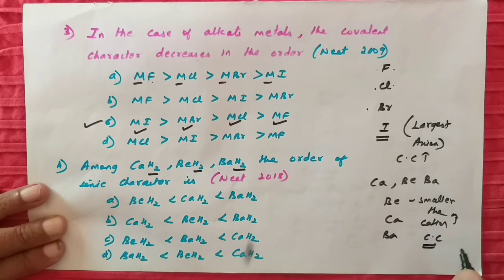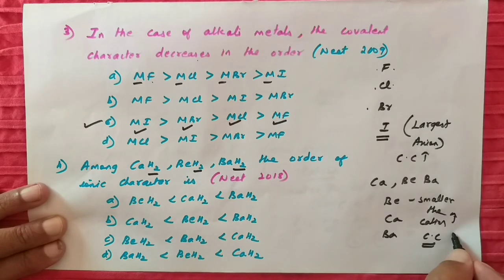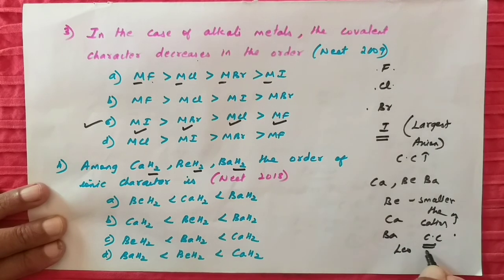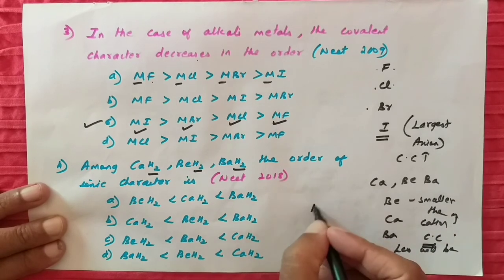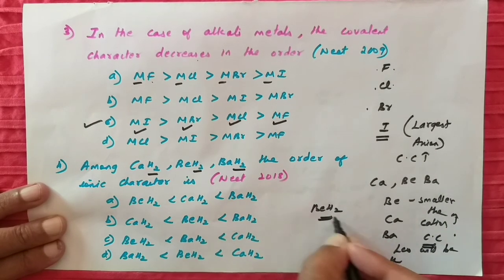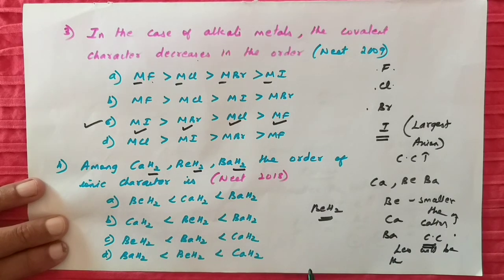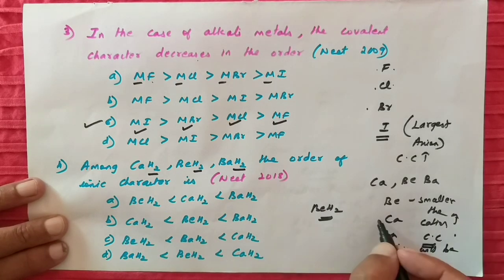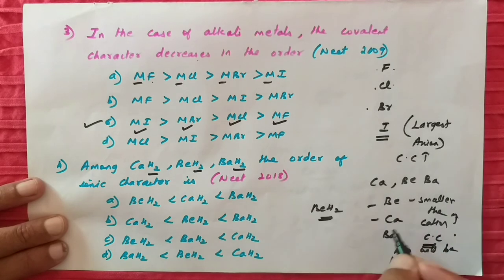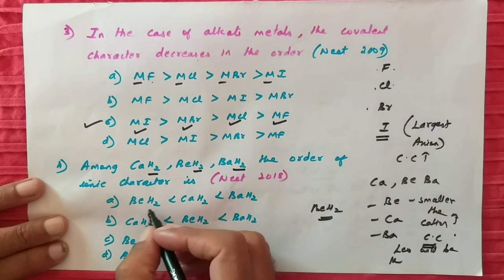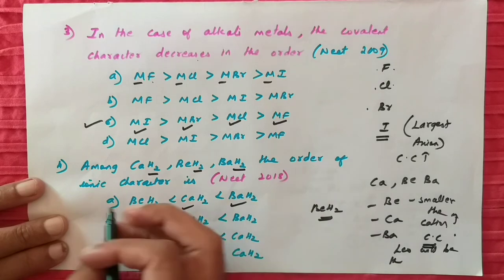Greater covalent character means less ionic character. So BeH2 will have the least ionic character, then next will be Ca, then Ba. So the order is Be, Ca and Ba. The option will be A.